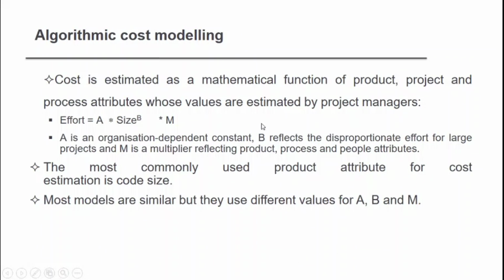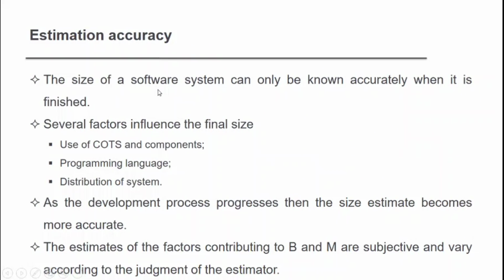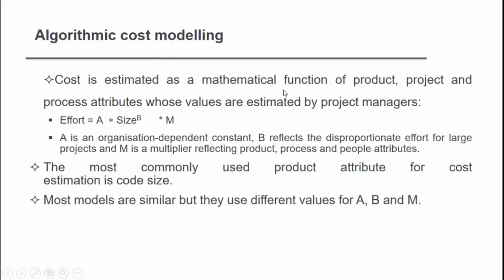And in algorithmic cost modeling, cost is estimated as a mathematical function of the project and process attributes whose values are estimated by the project manager. So effort is equal to A times size to the power of B times M. What is A? A is an organization-dependent constant, like how pi is 3.14, the same way there will be an organizational constant.